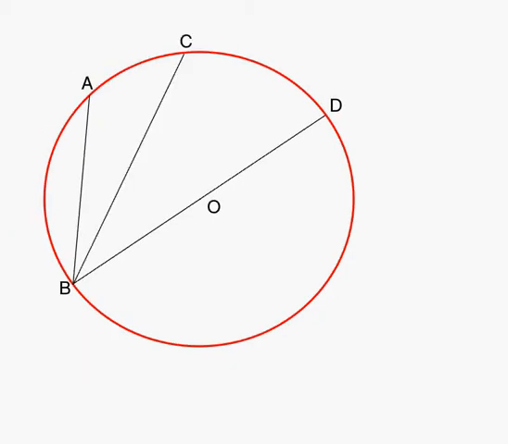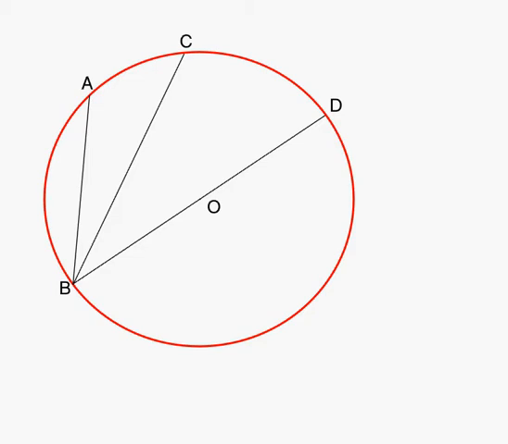So now let's return to our original problem. We had angle ABC as our inscribed angle, where AB and BC aren't necessarily diameters, but we can draw the diameter BD. And what we do know is that for ABD, this theorem is true, and for CBD, the inscribed angle theorem is true, because both of those angles share a side that is a diameter.